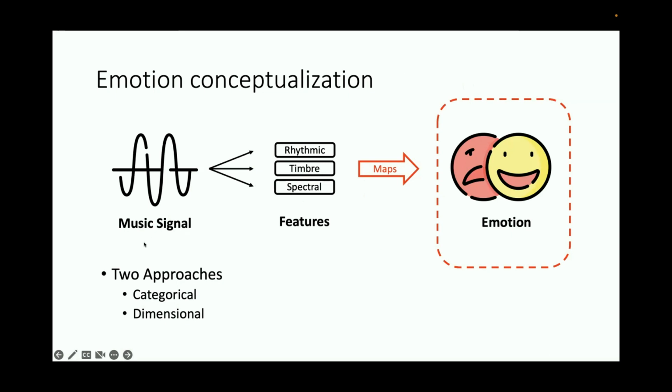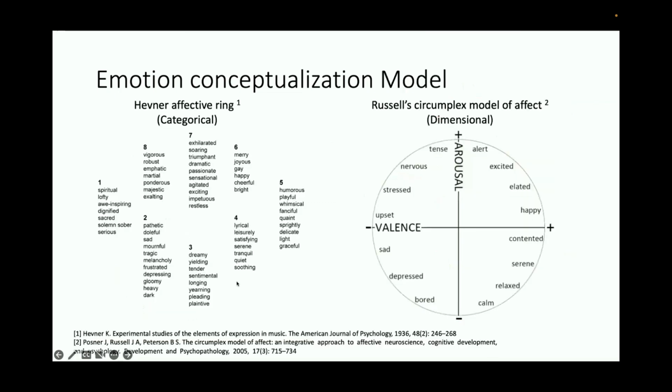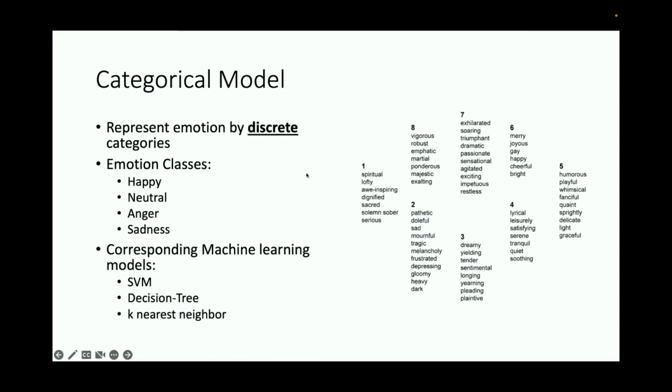Currently there are two very popular approaches, categorical and dimensional. The most famous model for the categorical approach is called Hevner's affective rings, and the most popular model for the dimensional approach is called Russell's circumplex model of affect.